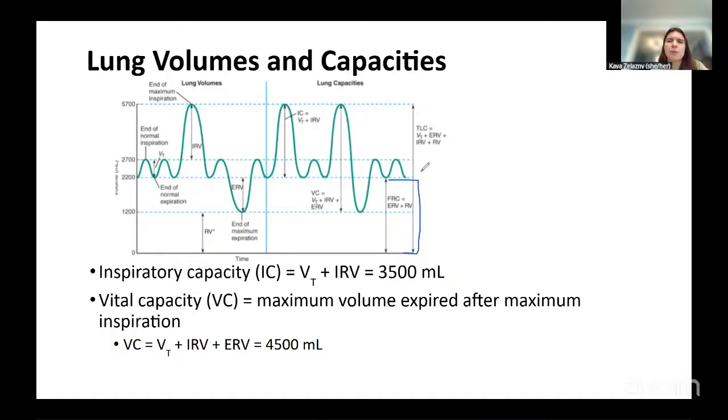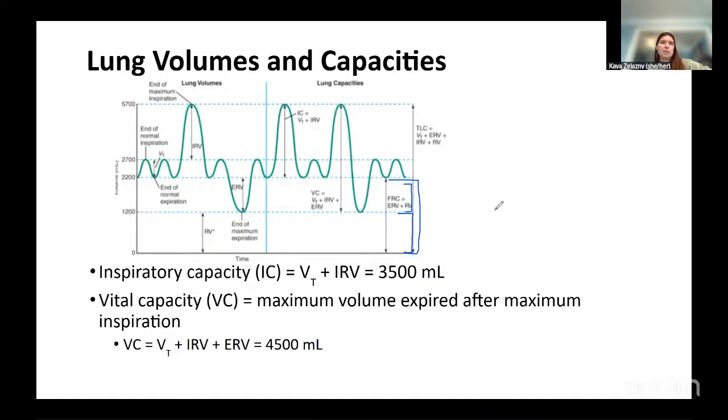So if you're just breathing in and out normally, easily, tidal volume, usually the amount of air you'll have left in your lungs after you do an easy breath out is going to be your residual volume, that part that you can't get out, plus that expiratory reserve volume, the part that you could force out, but probably aren't because you're hopefully not working too hard to breathe.